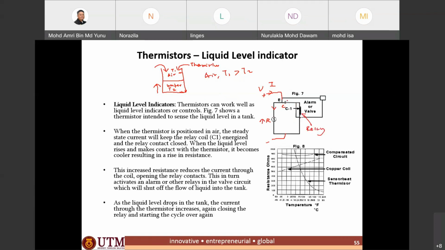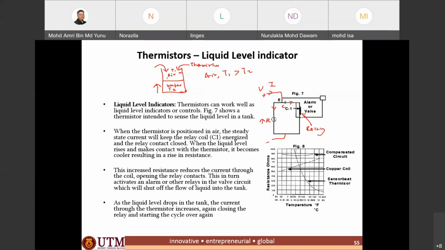For DC voltage, the capacitor here is like a closed circuit, so current will flow more in this direction when at air.